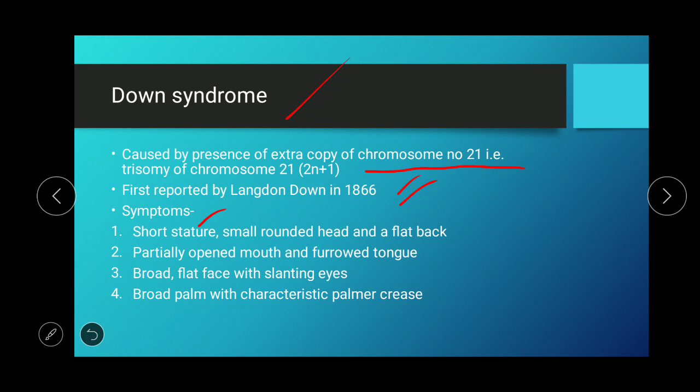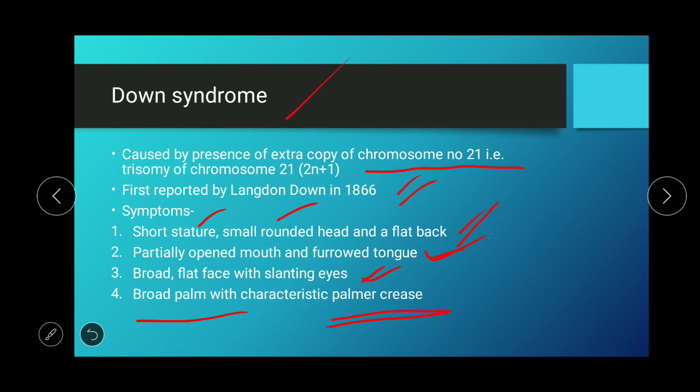Short stature, small rounded head with a flat back, partially opened mouth and furrowed tongue, meaning the tongue has furrows, a little bit like swelling. Then the broad flat face with slanting eyes, a broad palm compared to normal size, and the characteristic palmar crease.